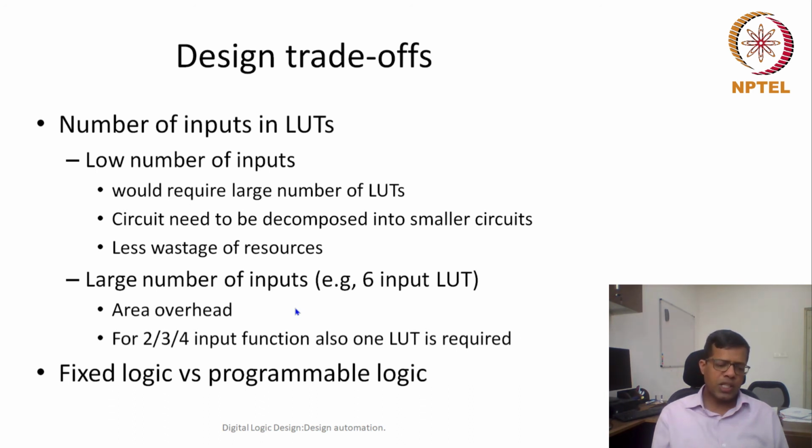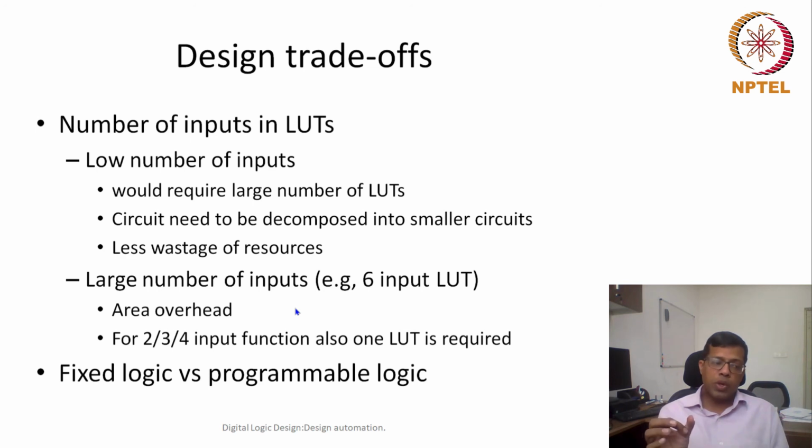The other thing is that whenever we are designing using an FPGA, and we look closely at the implementation of these configurable logic blocks or logic tiles, we see that for implementing even a very simple gate like an AND gate or an OR gate, you require a complete logic tile or a complete configurable logic block.